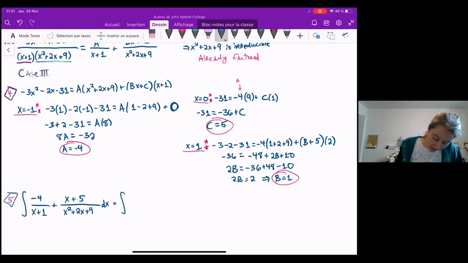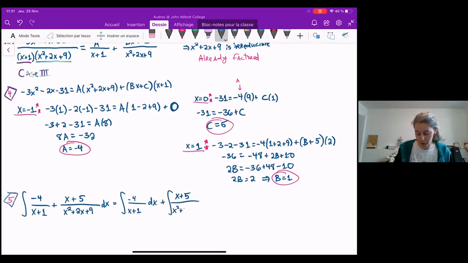So this is negative 4 over x plus 1 dx, that's a simple integral, plus the integral of x plus 5 over x squared plus 2x plus 9 dx. Now this integral right here is an integral that actually shows up quite a bit at the end of partial fractions, because if ever you have that irreducible quadratic polynomial, this is almost always going to show up.